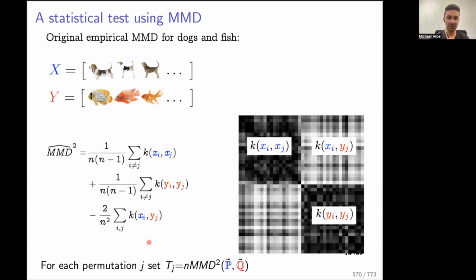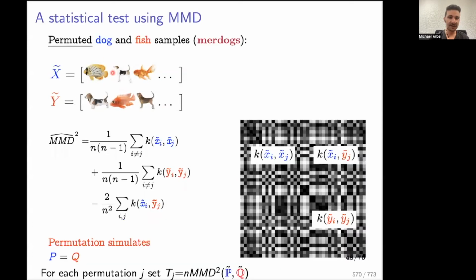But now what you'll do is, instead of taking the original data, you will shuffle the data randomly and form a new set of vectors, X tilde and Y tilde, which contain proportions of dogs and fish in such a way that in the end, these vectors or these samples have the same distribution, which is a mixture of P and Q. So in the scenario where P is actually equal to Q, we did not do anything because it's just mixing samples that are independent, and this doesn't change their distribution.